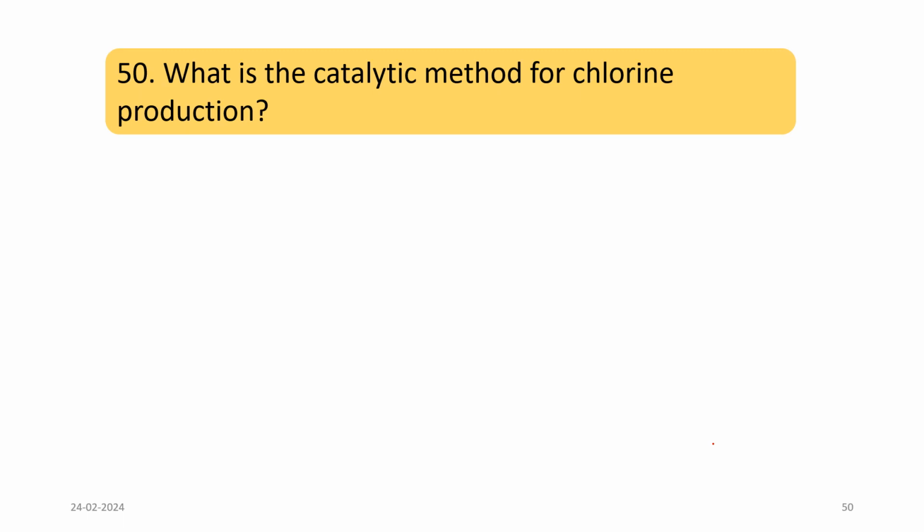Deacon method, ma'am. Deacon method, and you have to remember and write the equation associated with it. So here hydrochloric acid is oxidized to produce water and chlorine. It is an endothermic process.